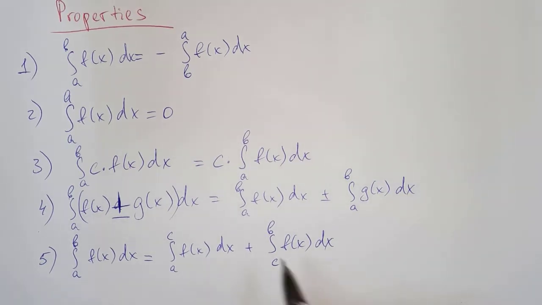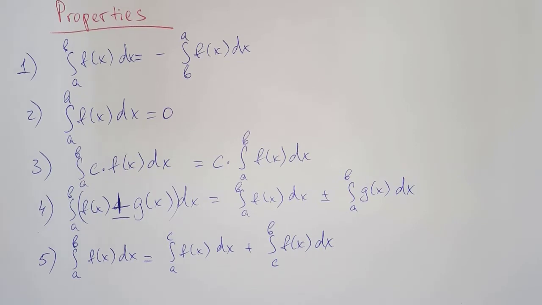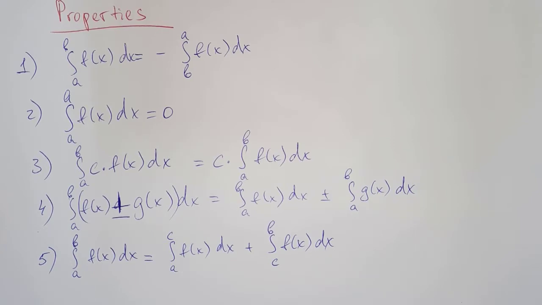So here we can take from the interval AB, for example, the intervals AC and CB. And this is useful, but note, however, that c doesn't need to be between a and b.